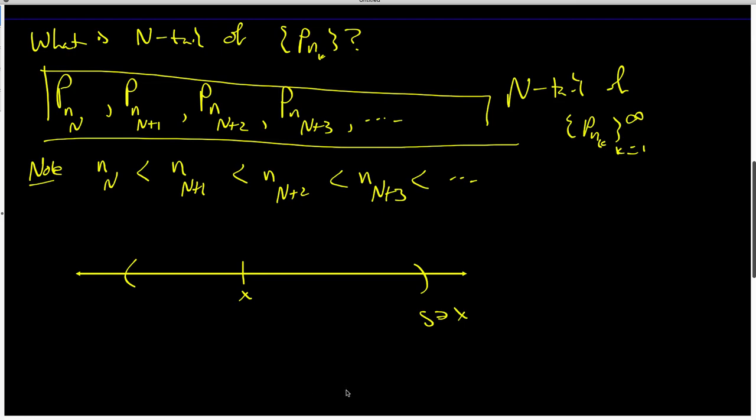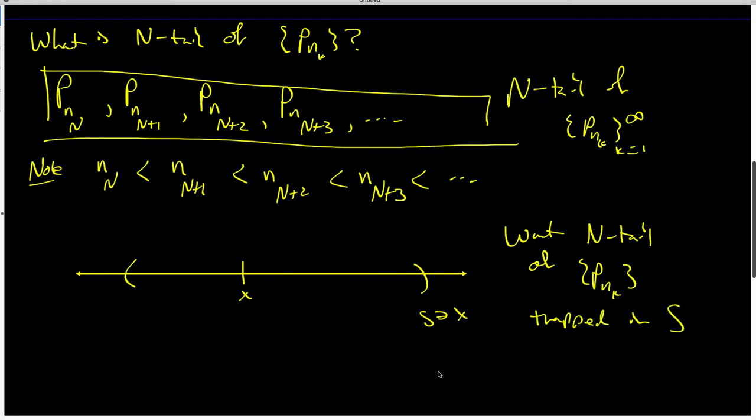And to say that I want a capital N tail of my subsequence trapped in S, that means I want p sub nk in here whenever k is bigger than or equal to capital N.